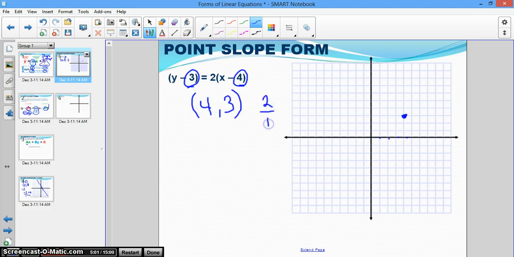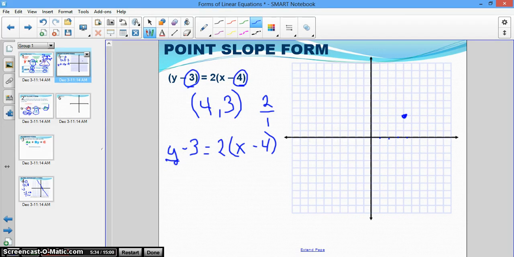Now, on the end of grade test, and usually to make this equation more useful, we'll go ahead and solve it out. So we can rewrite the equation y minus 3 equals 2 times x minus 4. Now, how would we solve this equation and get it to the slope-intercept form? Well, all we have to do is treat it like a literal equation and solve for y.